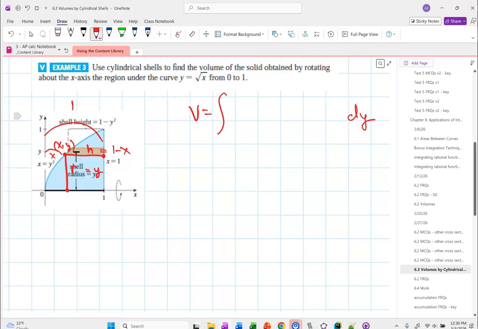Does everybody see that? Now, because I'm integrating with respect to y, I can't have an x here. So I need to rewrite x in terms of y. You know y is equal to the square root of x. So y squared is equal to x. Okay?